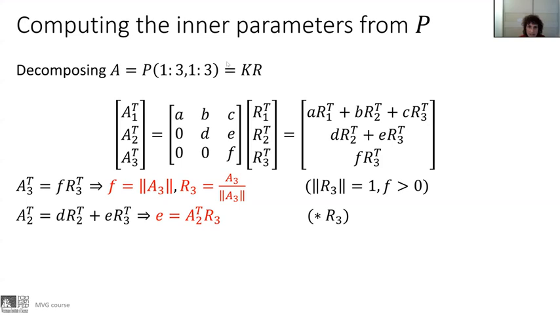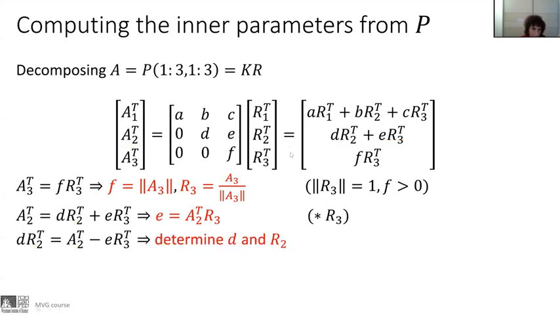Now I'm looking at the second line. This equals this. And I'm multiplying this row by R3. Under the assumption that R2, which I don't know yet, and R3 are orthogonal, I can cancel this out. And I get that E is going to be this relation. I know R3, I know A2, I can solve for E. I'm moving on.